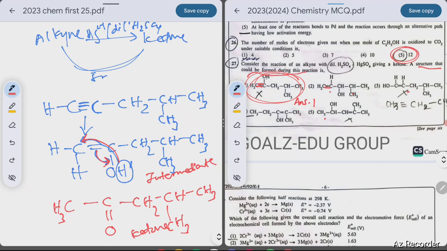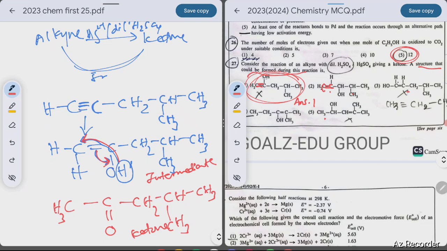Now, here what has happened? Here is the double bond, but the OH group is not bonded to a double bonded carbon, right? These are the two double bonded carbons now. OH is not bonded to that, right? So we can't take the second answer, right? And what happens with the third one? So OH always should be bonded with the double bonded carbon.